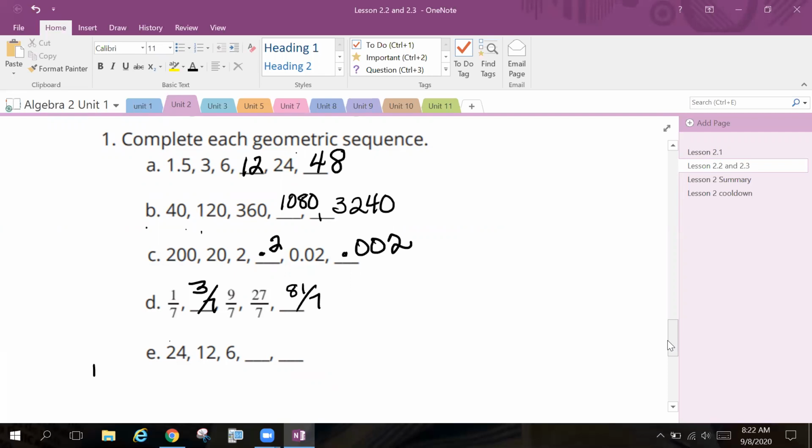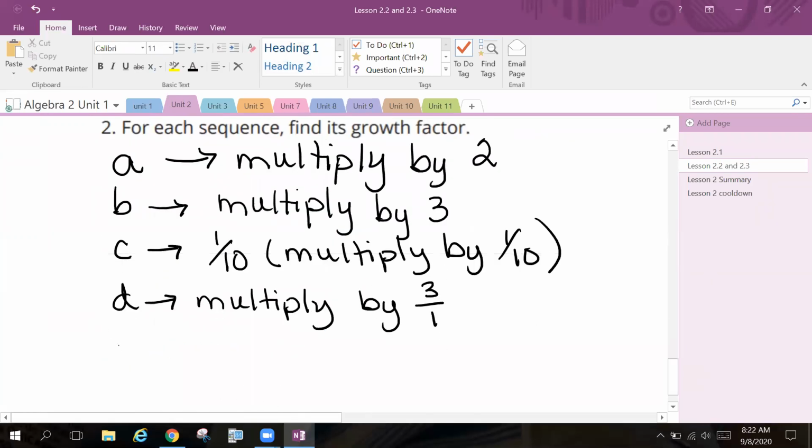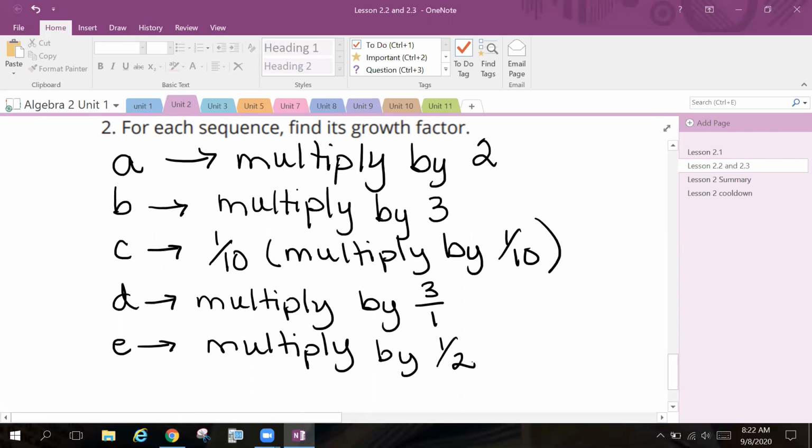Okay, letter E, what happens with it? Multiply by 1/2. Okay, so the next two numbers, 3 and 1.5, right? Okay, so you're basically taking half of the number, but you can't say divide, so you have to say it as multiplying by the reciprocal, so it's multiply by 1/2.